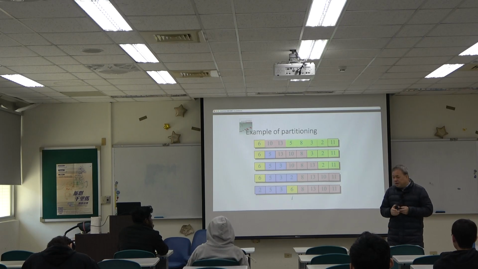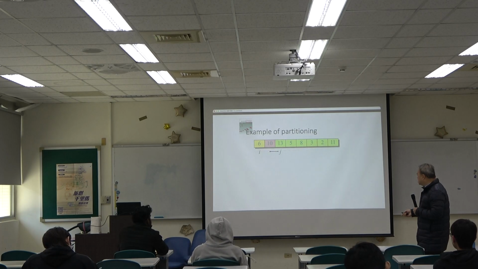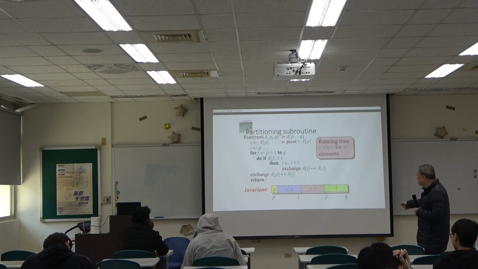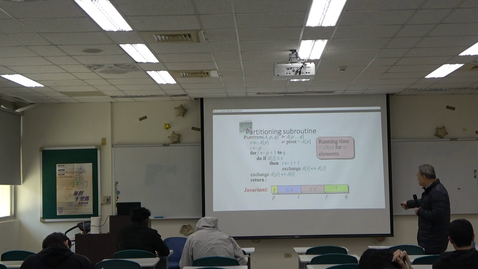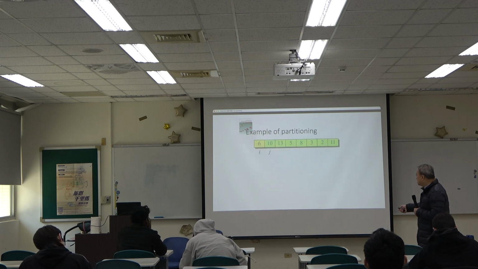Right? And you can check the algorithm. The algorithm is doing exactly what I was talking about. You see, X is the pivot. We store this pivot here, and I starts from the first element, and J starts from the second element, because initially it's like this, right?